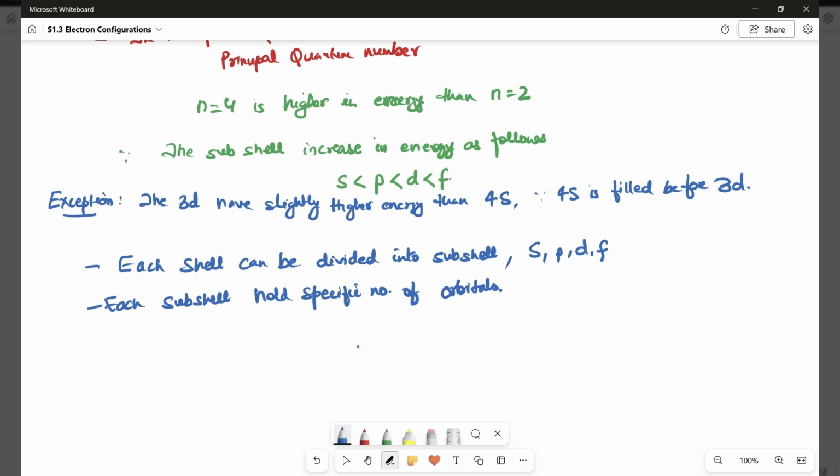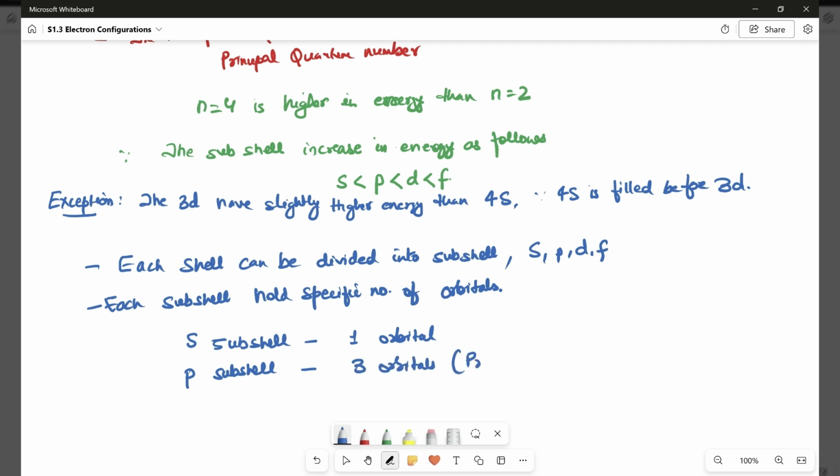So as I have discussed earlier, the s subshell has one orbital. The p subshell, three orbitals.